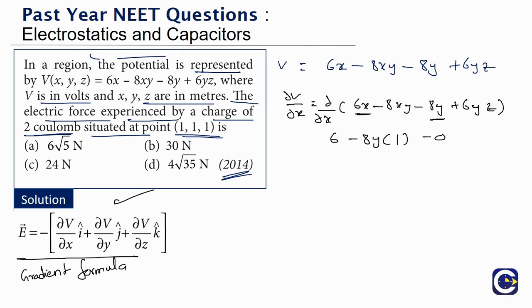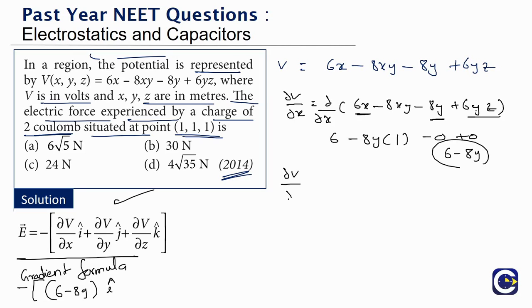Third term, 8 is a constant, y is a constant, so the derivative will be 0. Fourth term, y is constant, z is constant, so 0. So what is it? 6 minus 8y into i cap. So we just keep substituting.